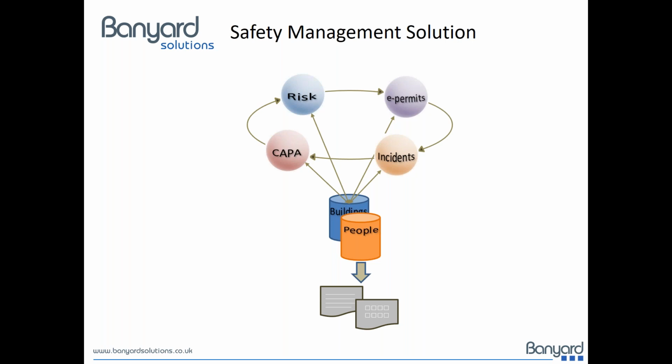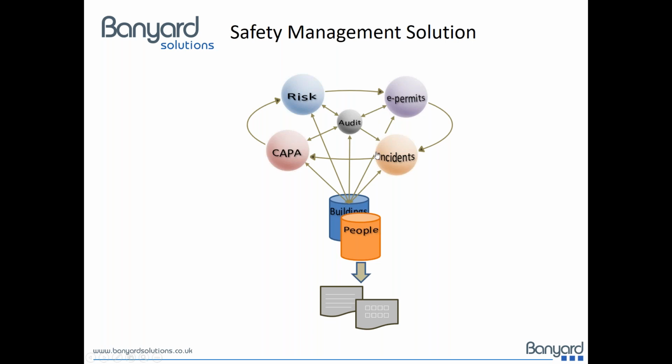So ePermits will just be one part of that in an ecosystem. So we're looking at incident management, corrective actions, preventative actions, and risk analysis as well. And obviously the audit tool that I mentioned to you sits in the middle of all these and therefore gets information fed into and passed on to different parts of the system.